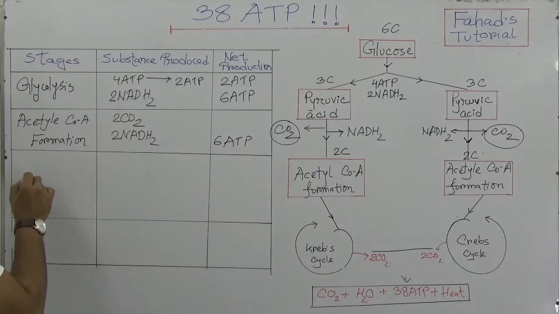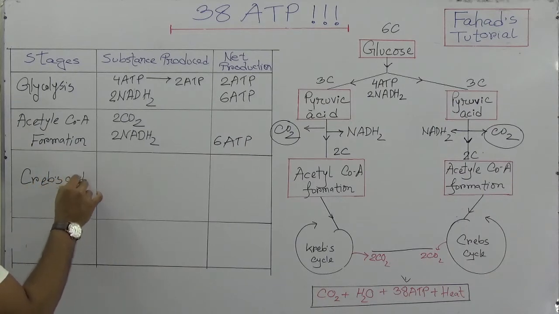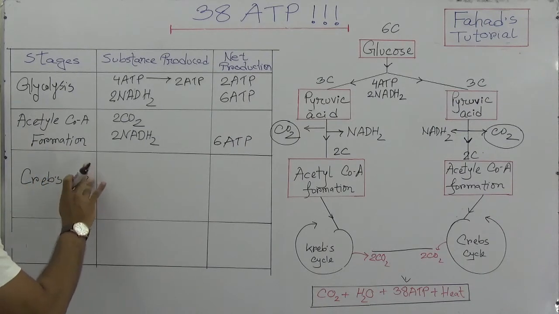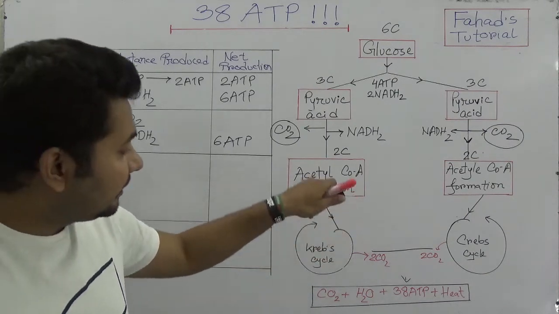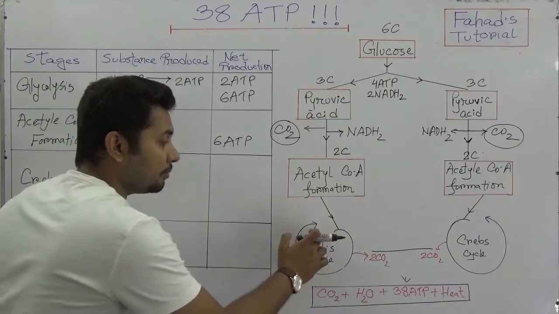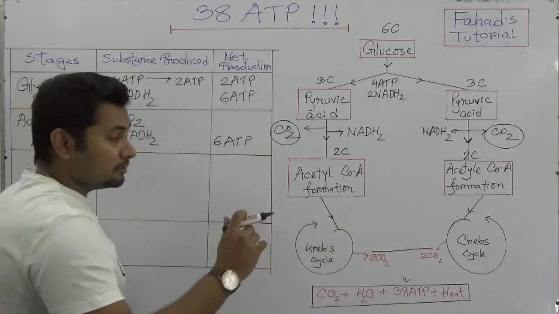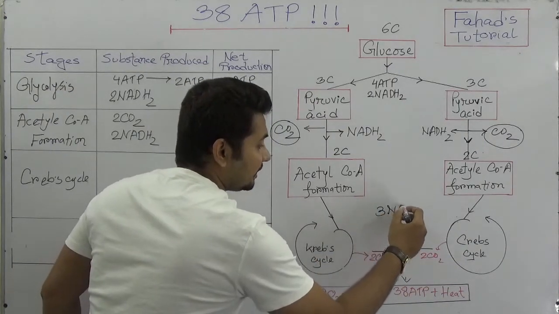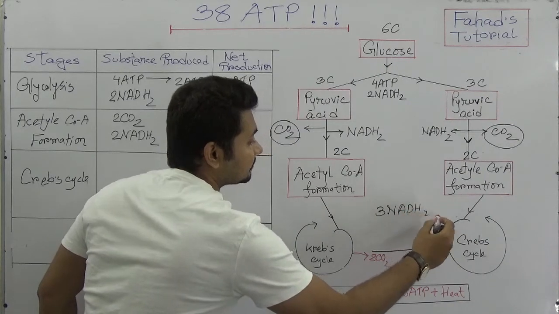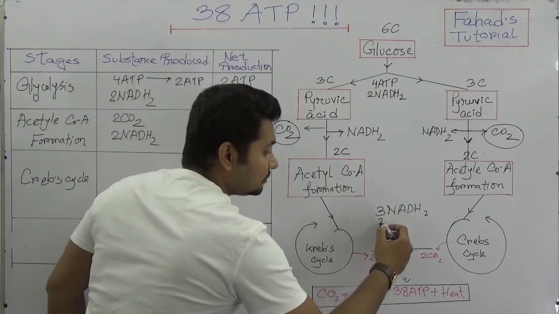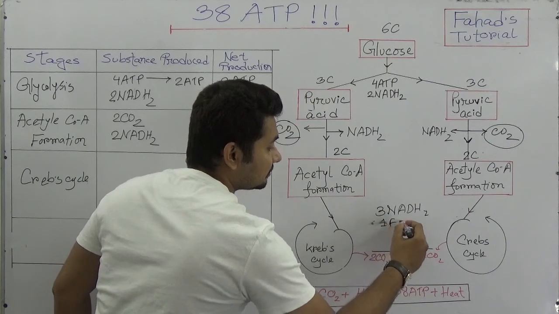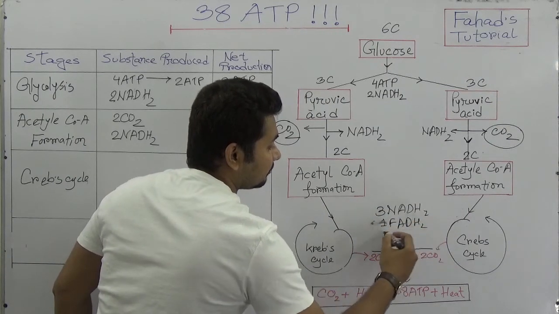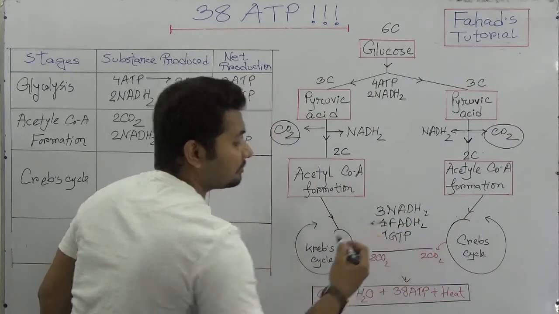Okay, and then the third one, which is the bigger one, the Krebs cycle. So in the Krebs cycle, what is the production? When acetyl-CoA enters the Krebs cycle, on each side 3 NADH2, 1 FADH2 and 1 GTP will be produced.